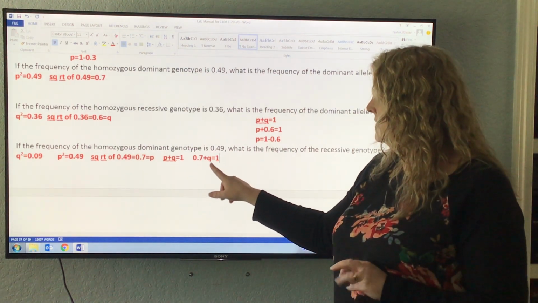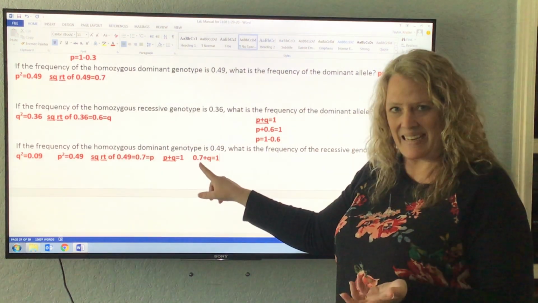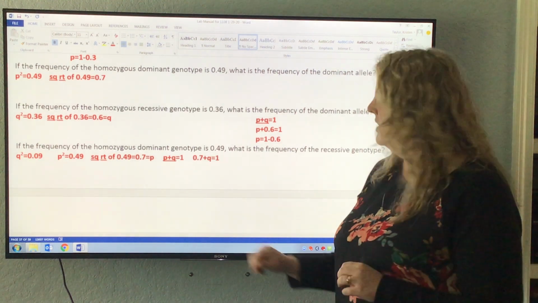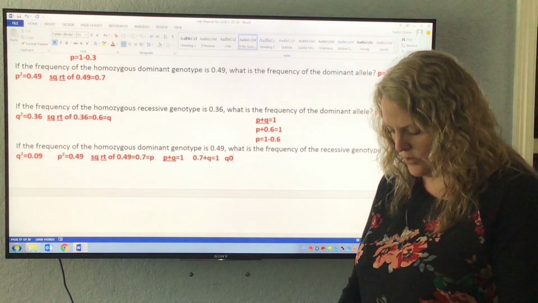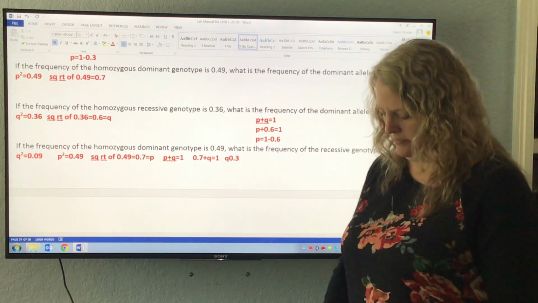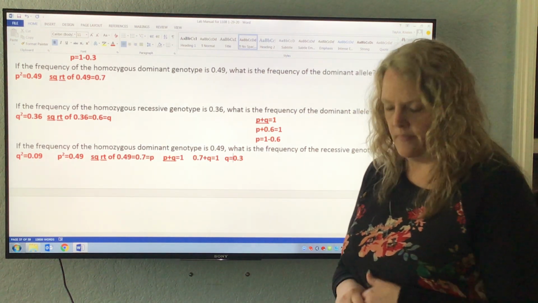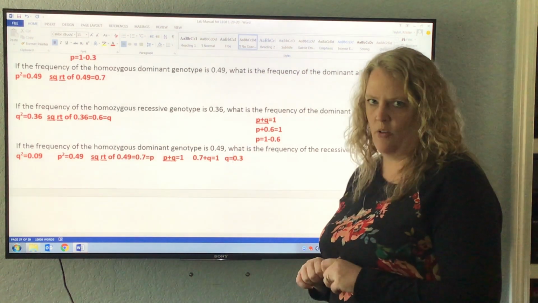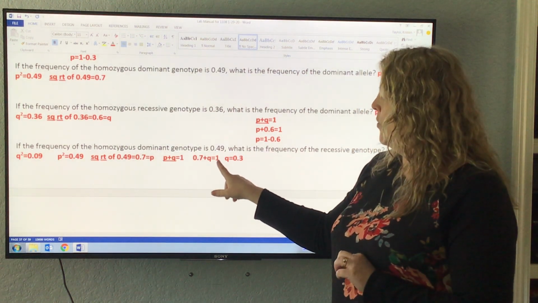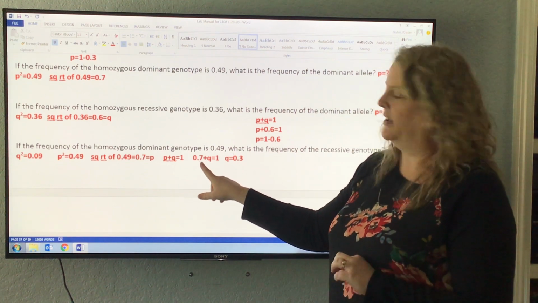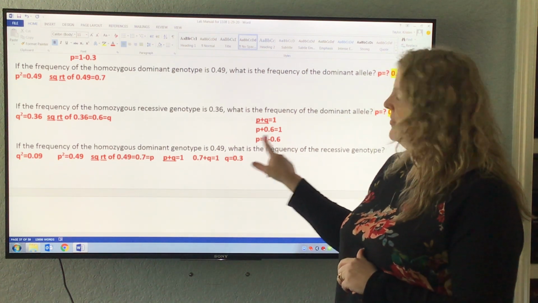You type in 1 minus 0.7, so your Q value will come out to be 0.3. Are you with me on that one? To get my Q, 0.3 is 1 minus 0.7, just like what we were doing here.